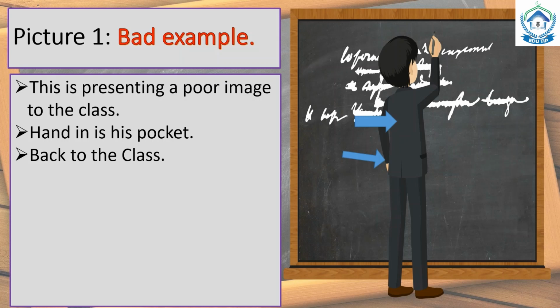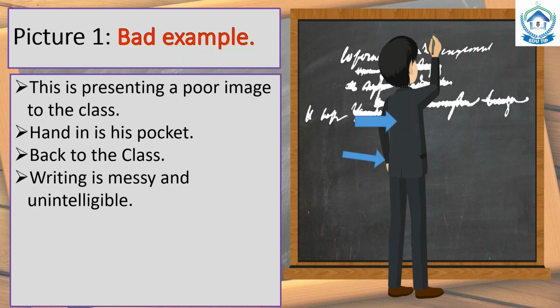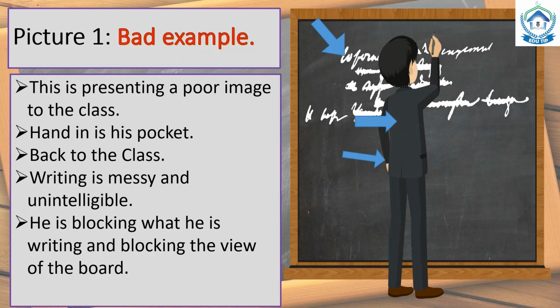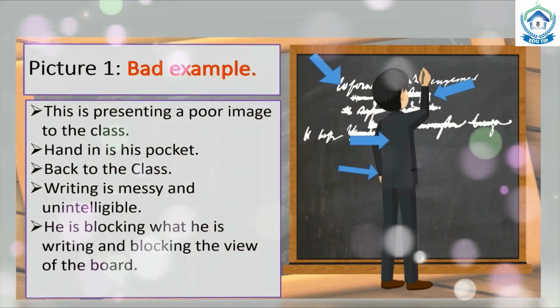As well as this, his writing is messy and unintelligible. You cannot see what he's writing because he's blocking what he's writing and blocking the view of the board in general. This is just a bad idea and you need to think about your positioning when you're using the board.